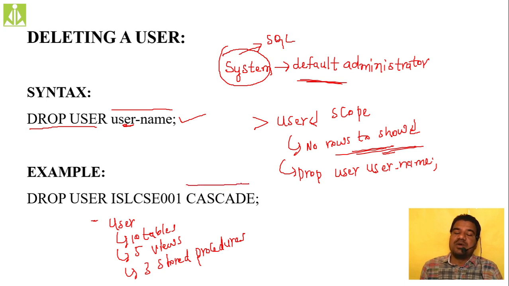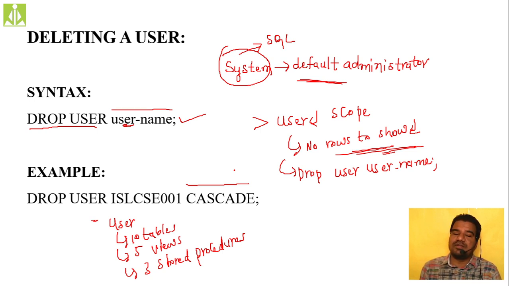Cascade means whatever we have inside, recursively delete them as well and finally delete the username. The meaning of cascade is recursively delete the container content and finally the container. The drop command will delete only the container. It does not have the authority to delete the content of the container.